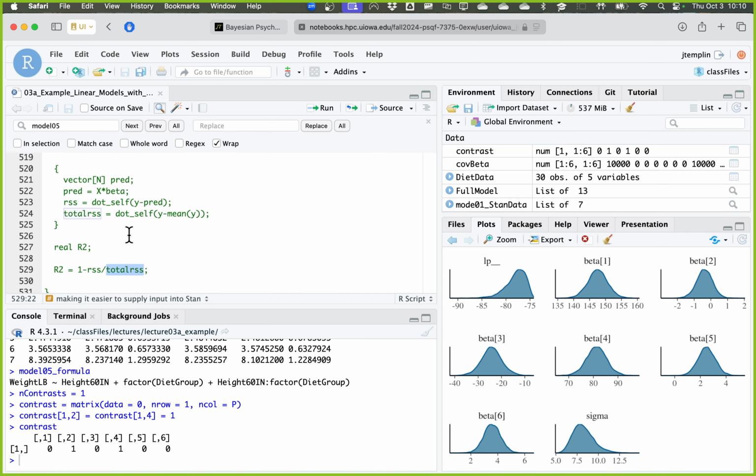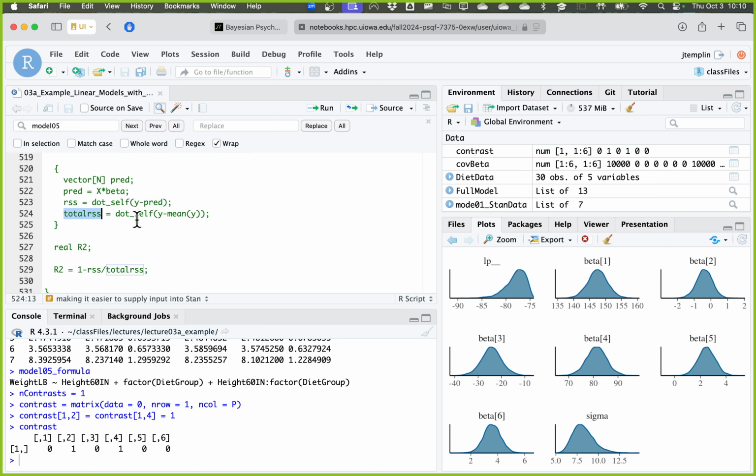Well, we can calculate these things as well. If we have the predicted values for every person, which really comes from our design matrix times the current value of beta from every step of the chain, then the regression sums of squares is y minus the predicted value squared, or in this case, dot self, which is sort of a dot product with itself. A dot product is a matrix term.